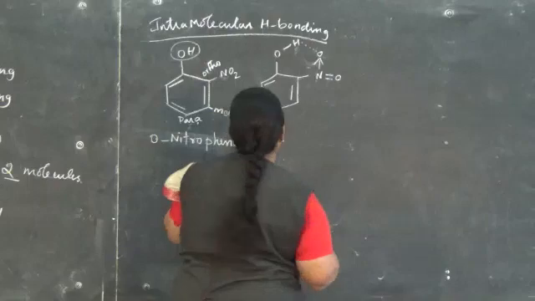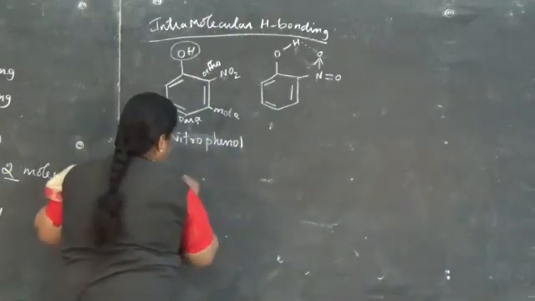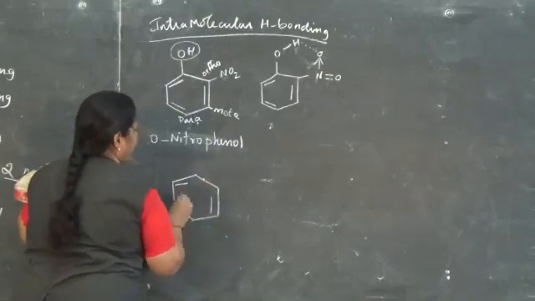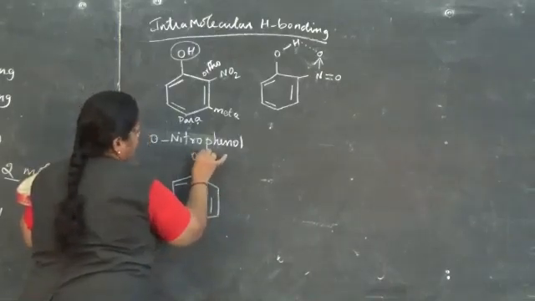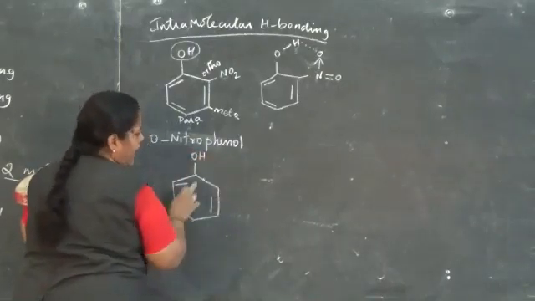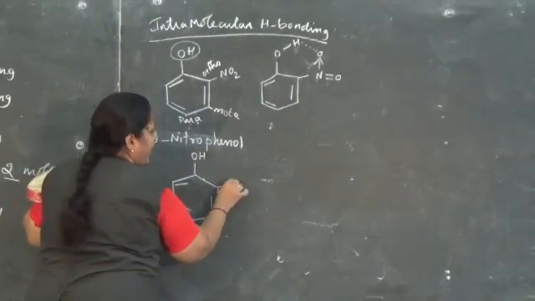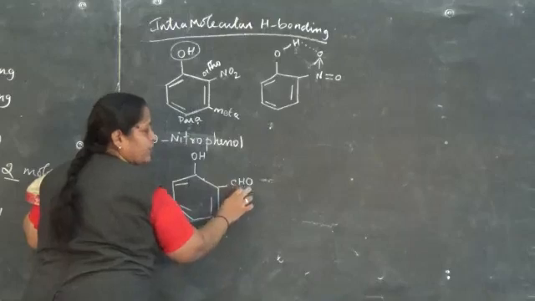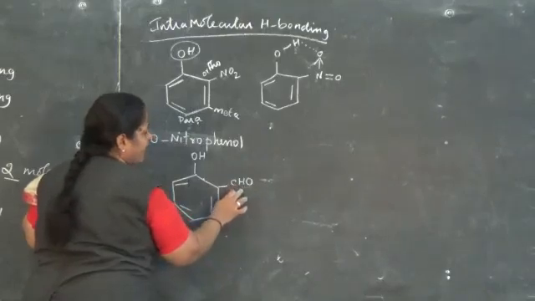Similarly, another example, I write benzene structure. If I write here OH, this is called phenol. In the adjacent position, I write CHO. CHO means the functional group name is aldehyde.